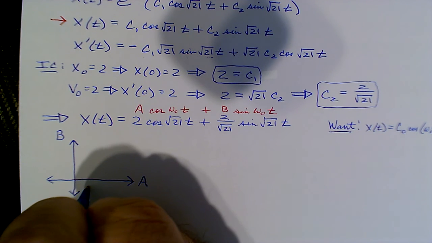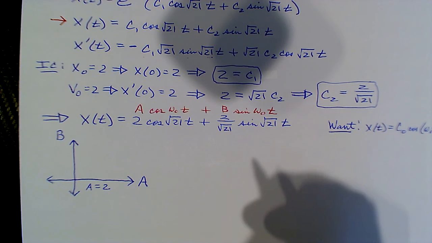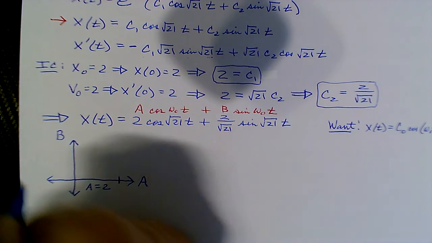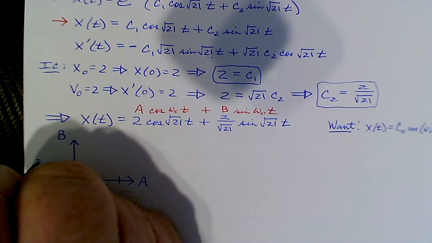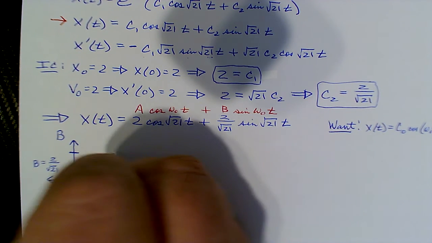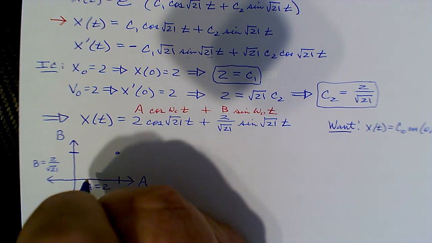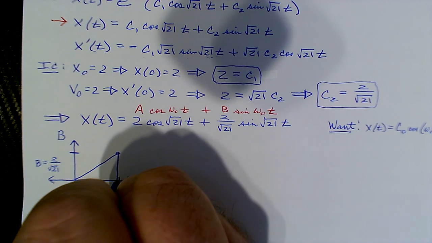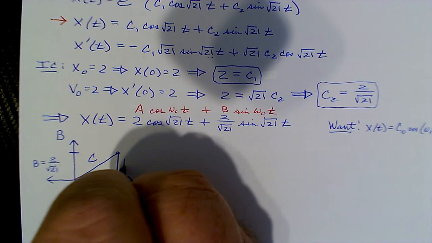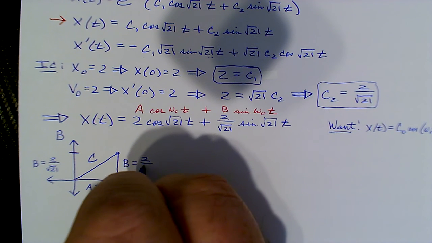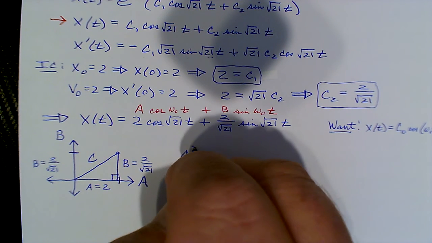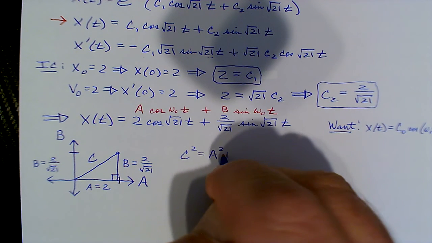Now this doesn't have to be to scale, but A is 2. Let's say that brings me here. And B is positive as well. It's 2 over the square root of 21. Again, it doesn't have to be to scale, but let's just say that's up here. All right, that would make a right triangle here. And this would be the value of C, because this is the value of B equaling 2 over the square root of 21. So the things we're going to need, recall, were that C squared is A squared plus B squared.